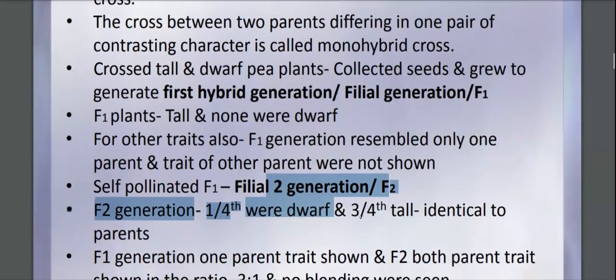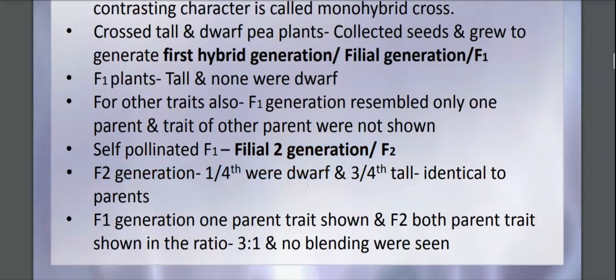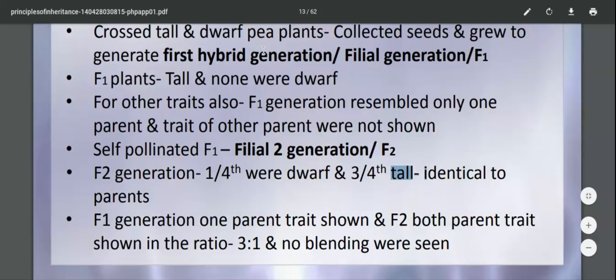Now he was surprised because in the F2 generation he noticed both the traits, the dwarf trait and the tall trait. So the F2 generation, or the filial 2 generation, showed both the traits. But what did we say about the F1 generation? It showed only one of the two traits.